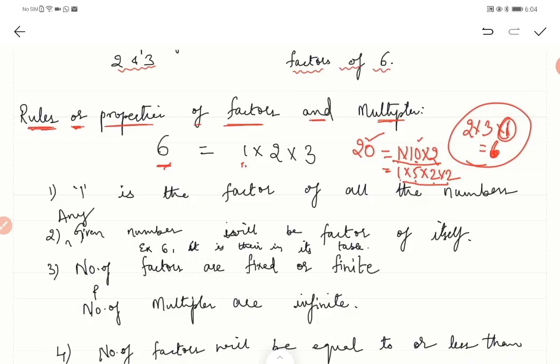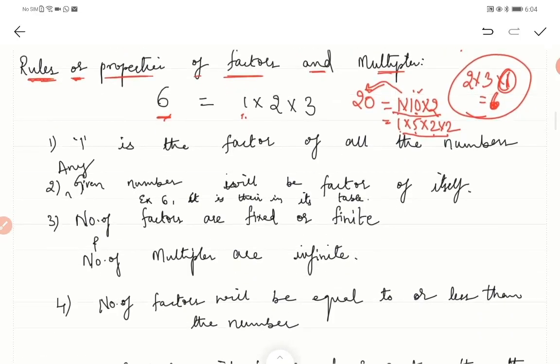Any number you take, 1 will be a factor of it. So if I ask you to find the factors of 20, or 50 or anything, definitely 1 will be a factor of that number. That is rule number 1.